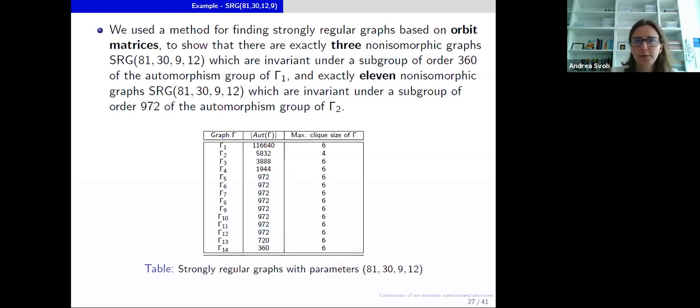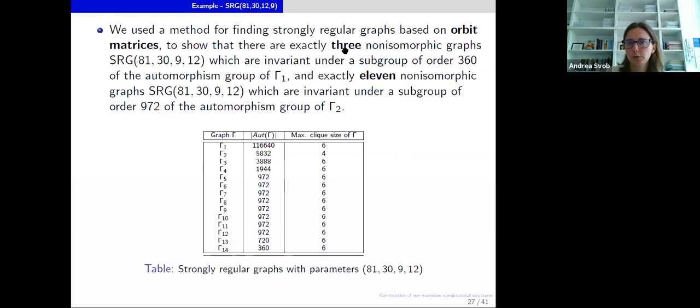We showed that there are exactly 3 non-isomorphic graphs which are invariant under a subgroup of order 360 of the automorphism group of gamma 1, which is the full automorphism group of the first known graph, and exactly 11 of those that are invariant under the group of order 972. Here are the full automorphism groups of those structures.